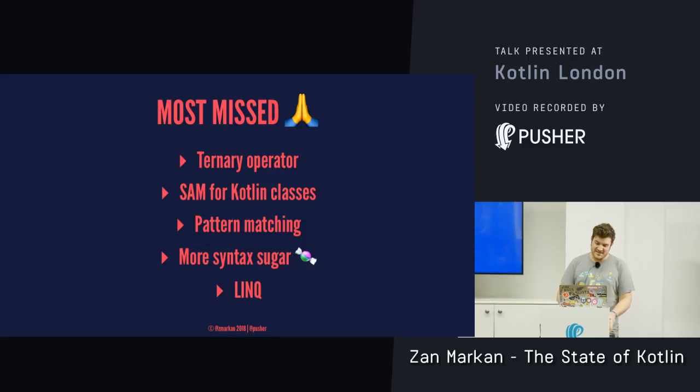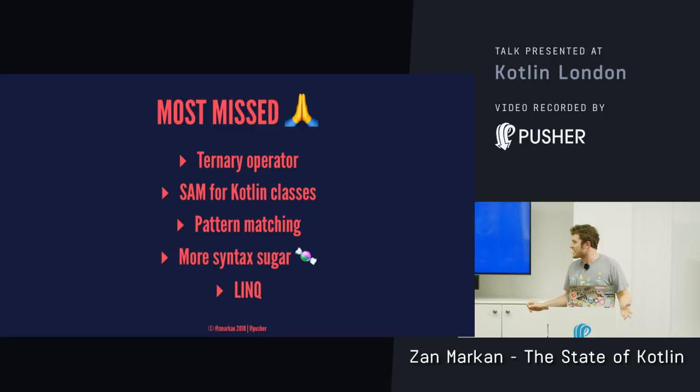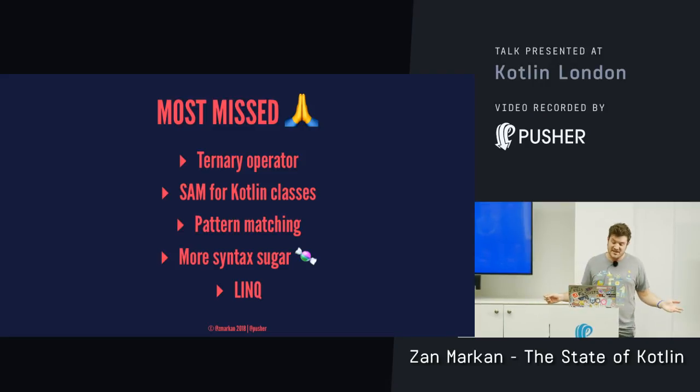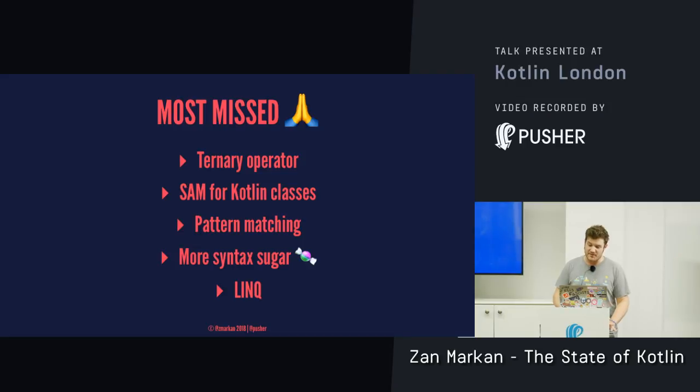SAM for Kotlin classes is also a big one. And yeah, there's like a lot of people miss new things all the time. Syntax sugar. Someone missed LINQ, so it must be all the C# developers out there. Apparently, I've heard there is actually an alternative to LINQ in Kotlin, but I'm not aware of it.